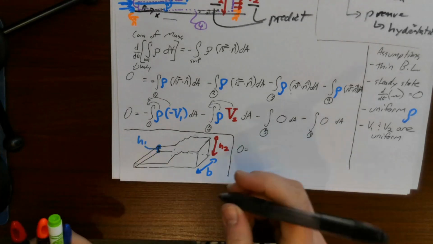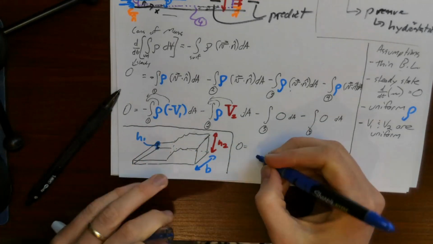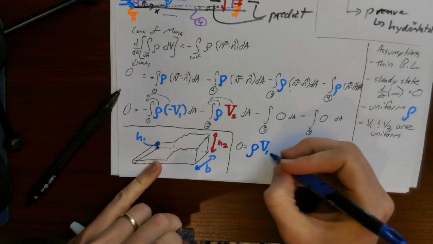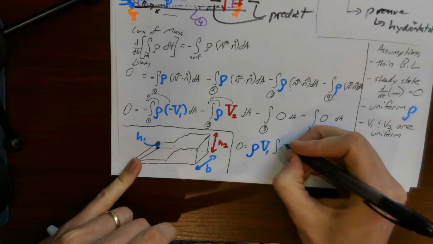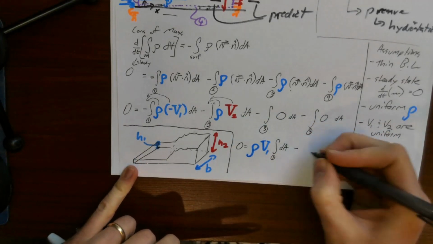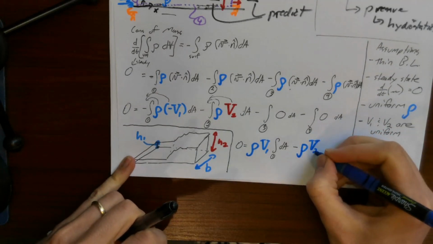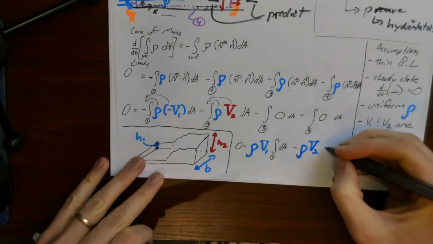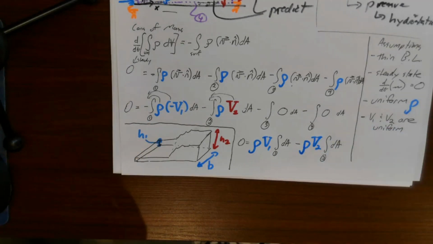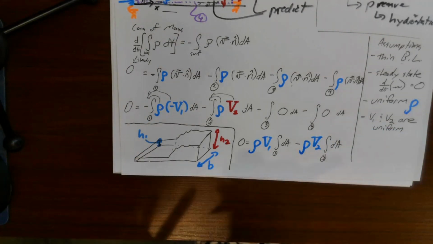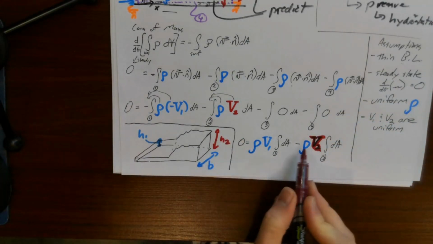We have 0 equals rho v1 times an integral dA of surface 1, and then minus rho v2 times an integral of surface 2 dA. Oh, sorry, v2 is an unknown, so it's not blue, it's red. V2 is something that's as of yet unknown.